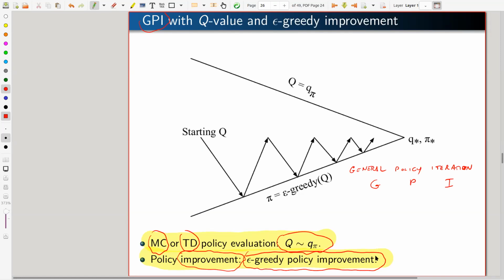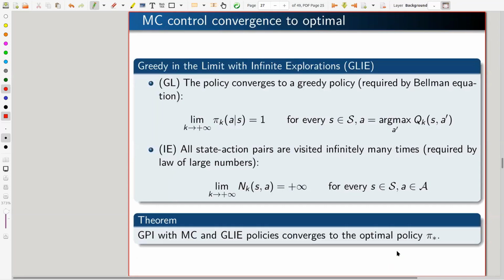We are converging with the epsilon greedy policy improvement, so we are converging to an epsilon greedy policy. So it cannot be the optimal policy, okay? So let's have a look if we have some general results that can clarify under which conditions we can converge to the optimal policy.